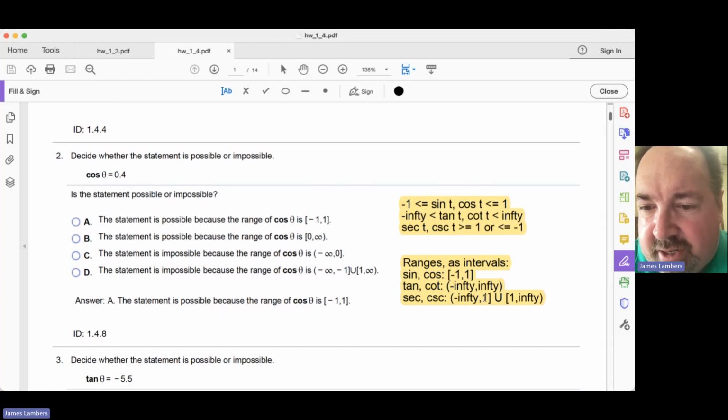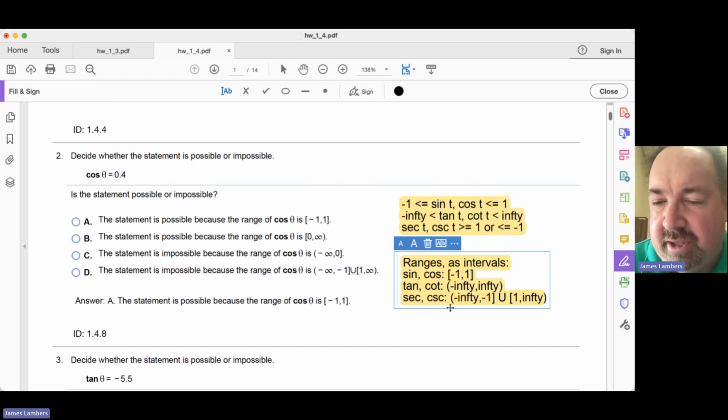Oh, sorry, I have a typo here. That should be minus infinity to minus 1. So all values less than or equal to minus 1 are included in the range of secant and cosecant also. It's the way we write that. We have a parenthesis for minus infinity, but we have a closing square bracket after the minus 1, because minus 1 is part of the range.